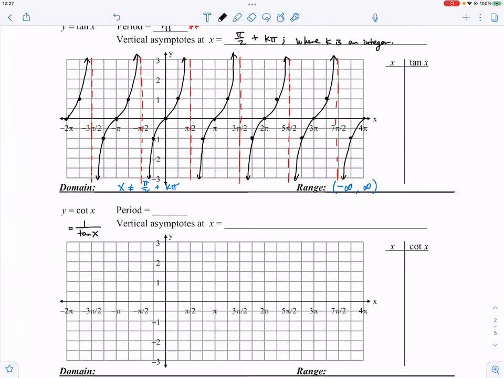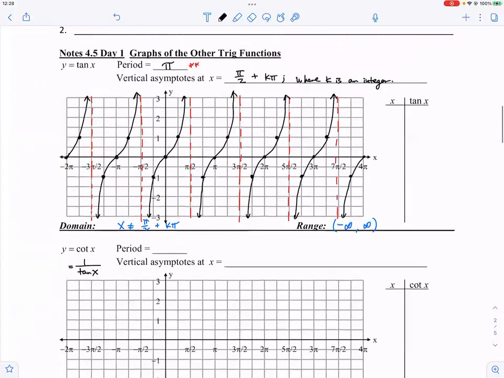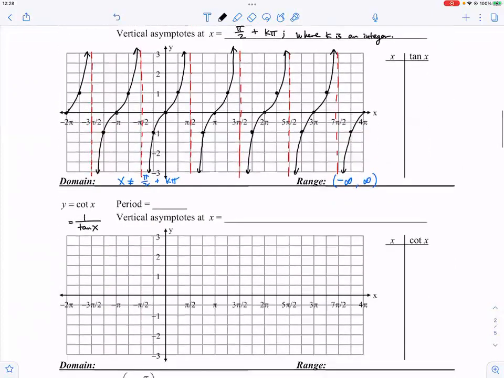Why do we have vertical asymptotes here again? You cannot divide by 0, right? And now if you reciprocate the fraction, it becomes 0. So that means for every single place where you see a vertical asymptote for the tangent graph, it becomes a 0.